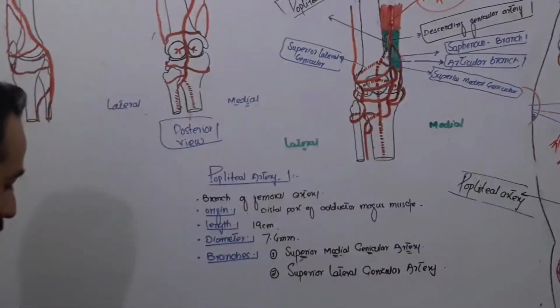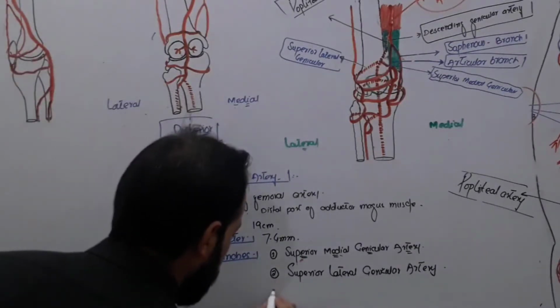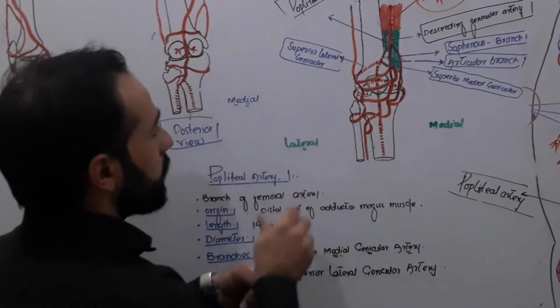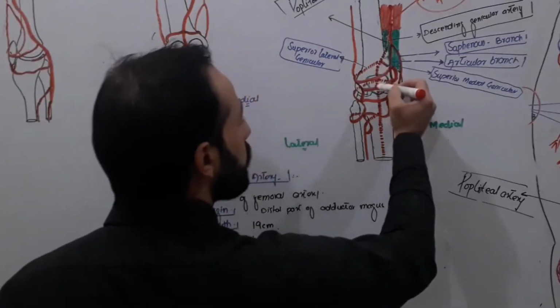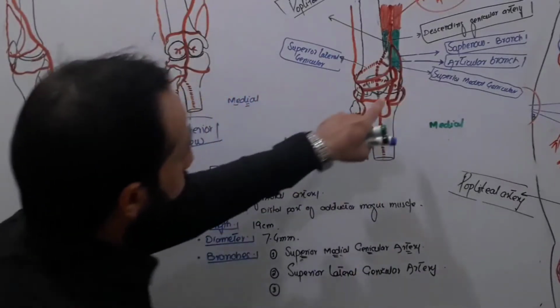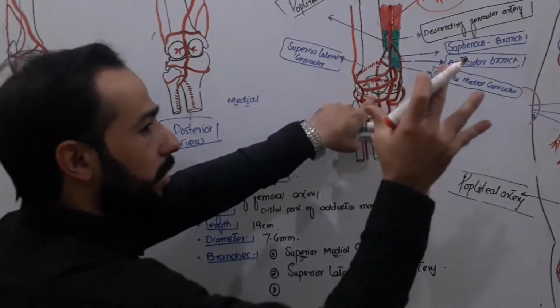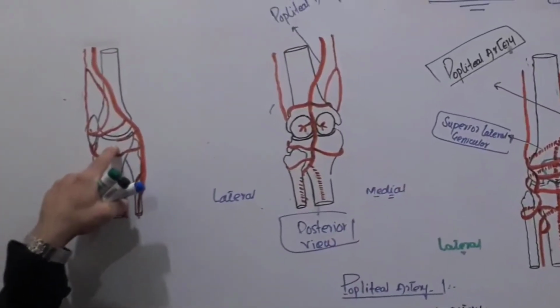Done. Then there is the third branch of this artery, which is called the medial genicular artery, the third branch. Look carefully friends, that middle genicular artery will be present somewhere in the middle point of the knee joint. So we can't mention that artery here because we are looking at the anterior view, but we can see it in the lateral view.